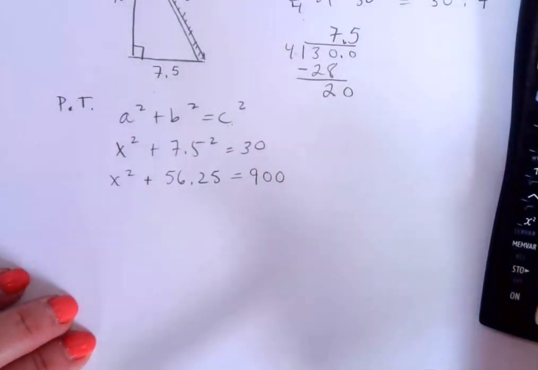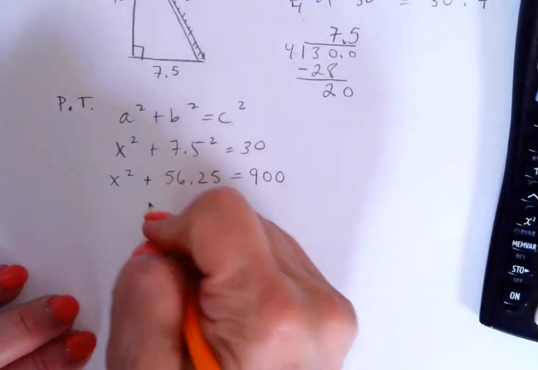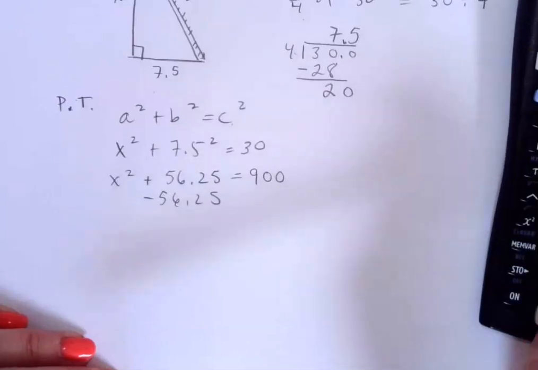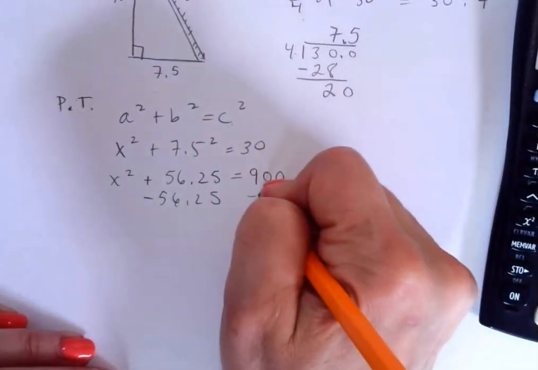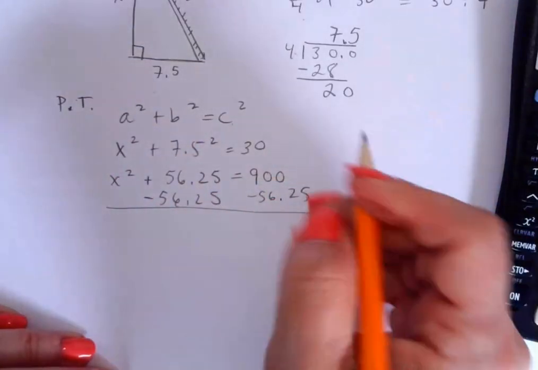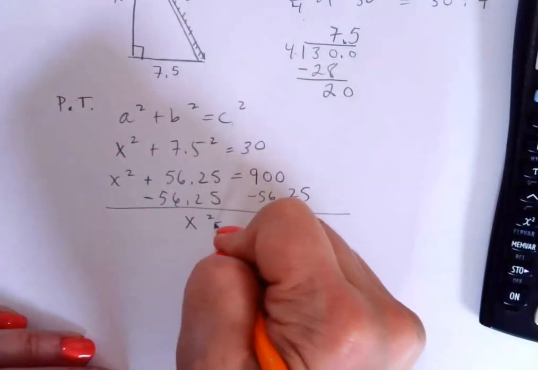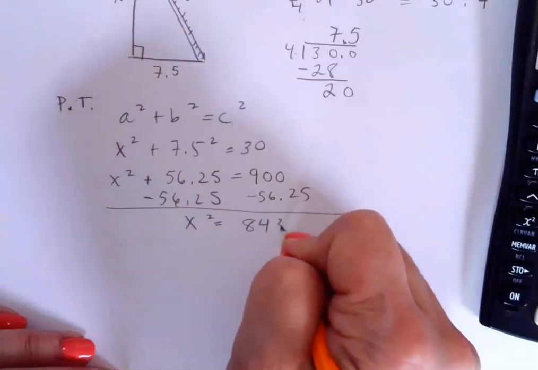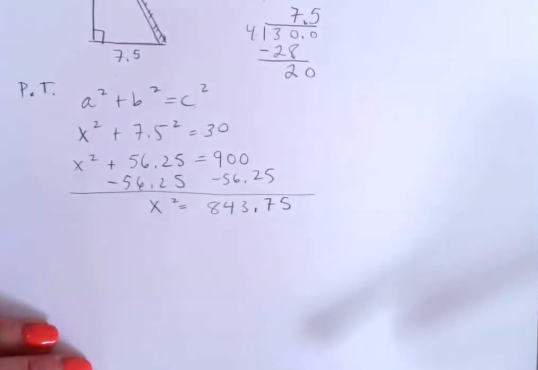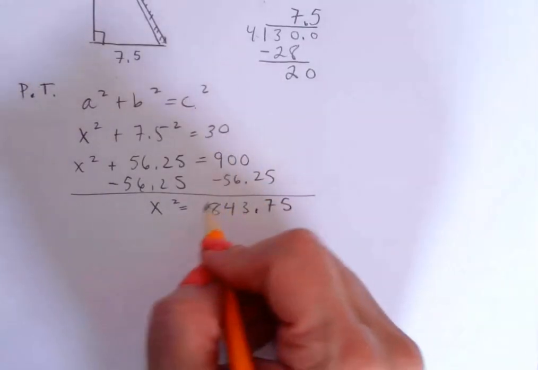All right, then we can go ahead and subtract 56.25. And that gives us x squared is equal to 843.75. Yeah, I think this is definitely in the calculator section.